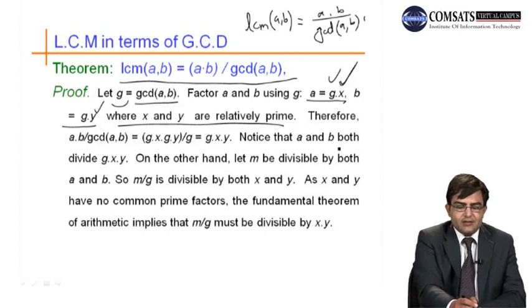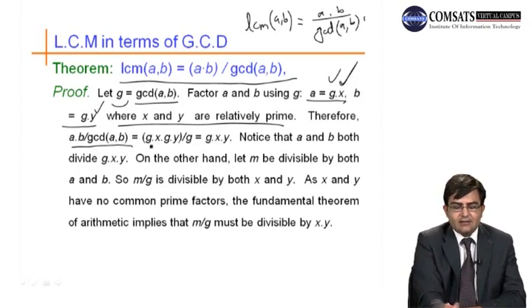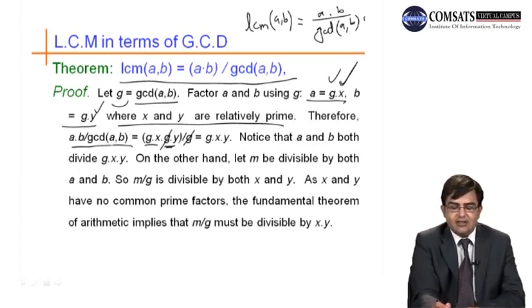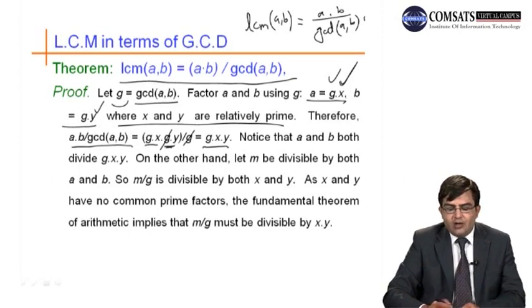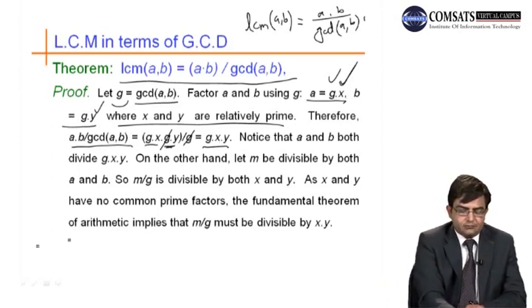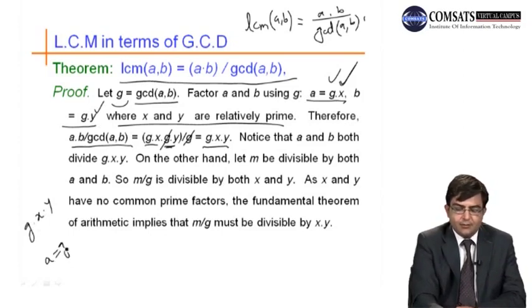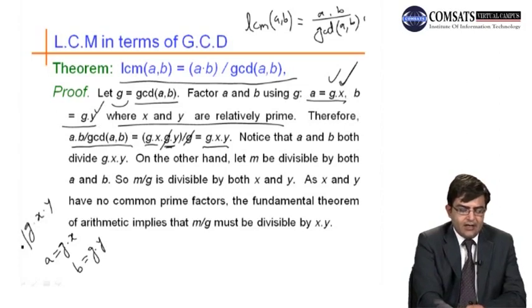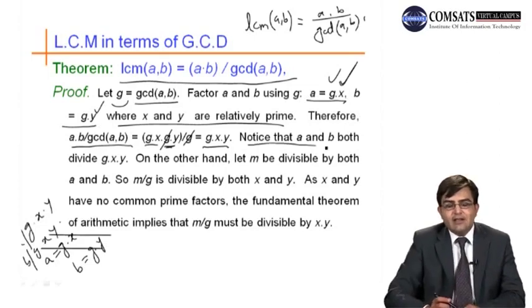Therefore A into B divided by GCD of A, B: A can be written as Gx, B can be written as Gy, and GCD of A, B is G. So one G will cancel with one G and we are left with G into X into Y. Since A is G into X and B is G into Y, A must divide this whole number and B also divides G into X into Y. So A and B both divide Gxy.